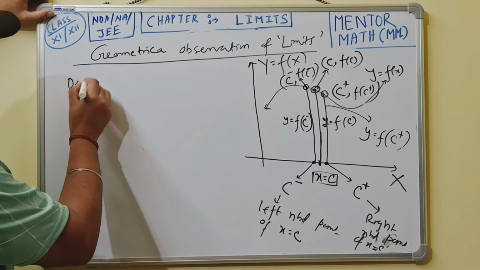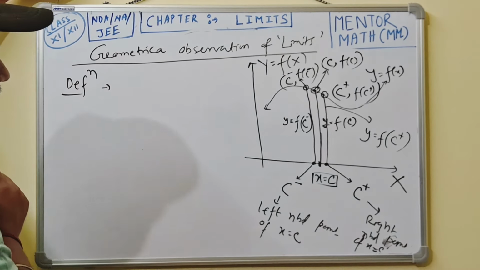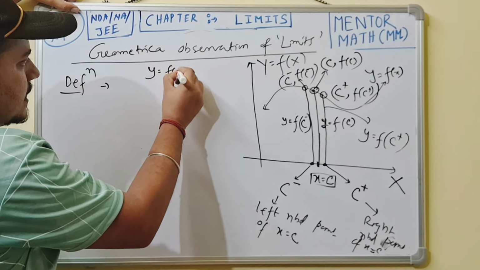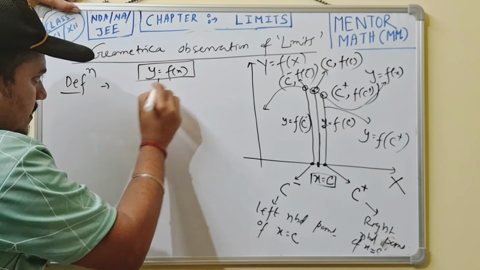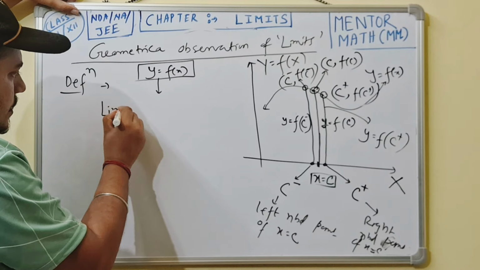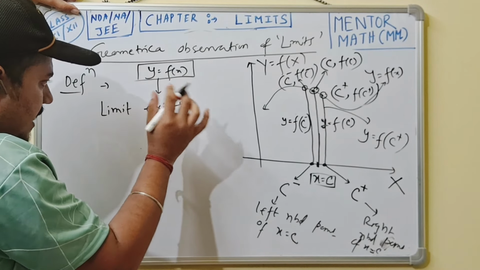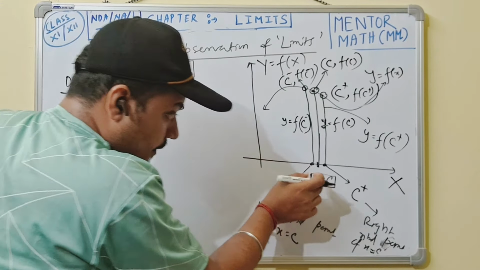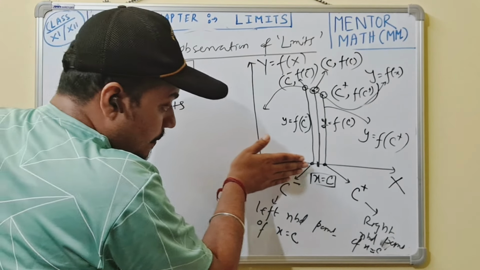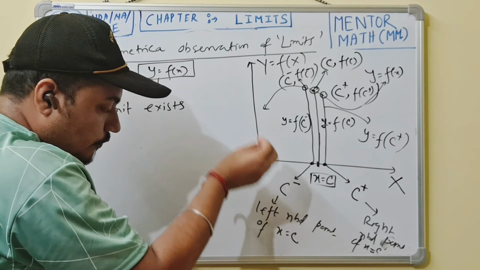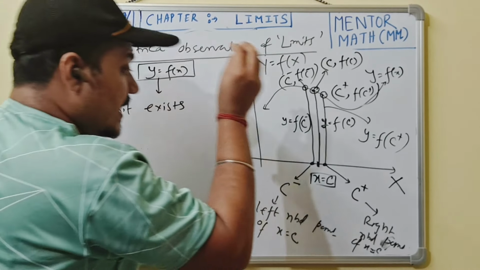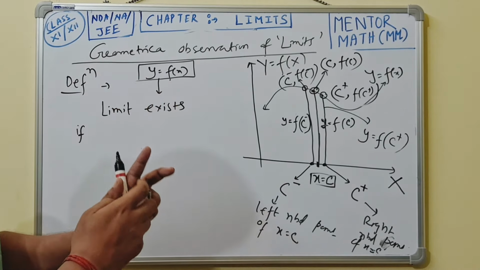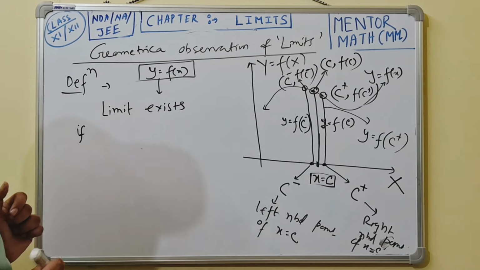Now the definition of limit. If you see that the limit exists for y equal to f(x), this is your given curve, that means when you observe a particular point c, for the left neighborhood of c as well as the right neighborhood of c, if their limiting values are both the same, at that time you can say that the limit exists.